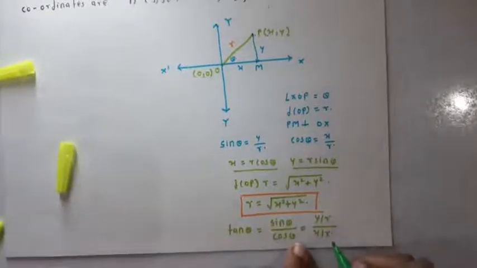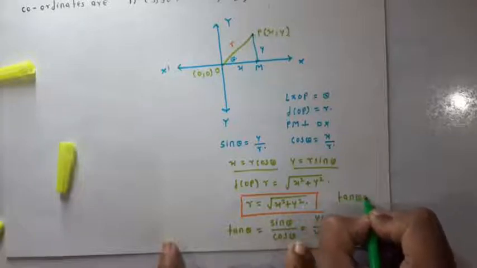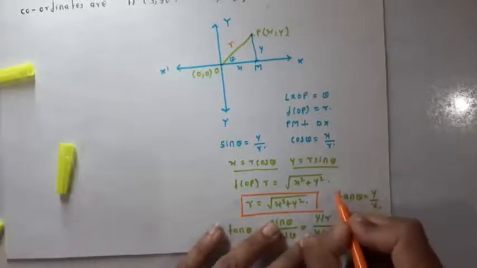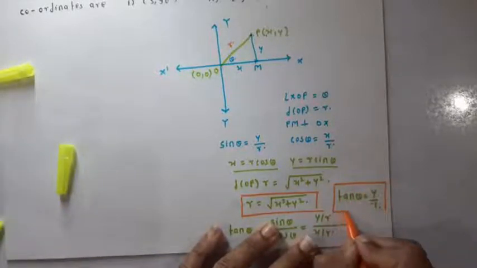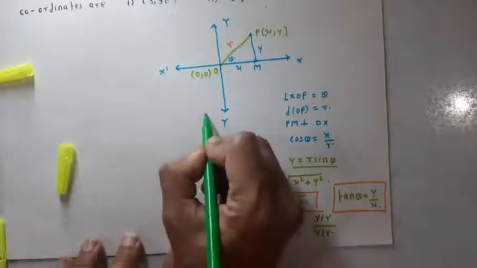The r gets cancelled, and this implies tan theta equals y upon x. By using this, we have to find the Cartesian coordinates from the polar coordinates. This is the theory regarding that.